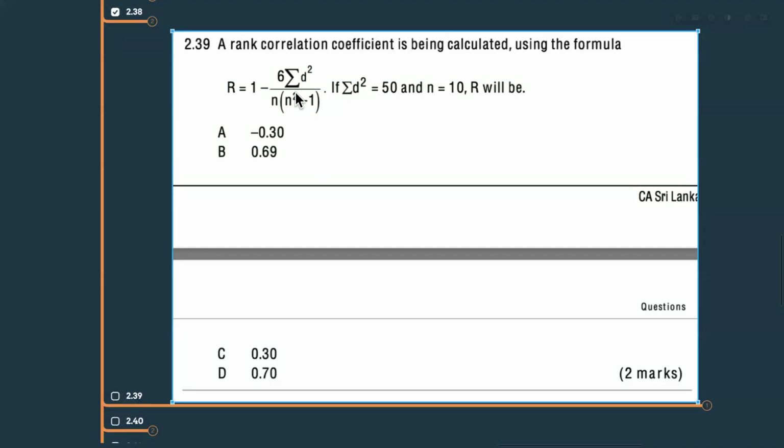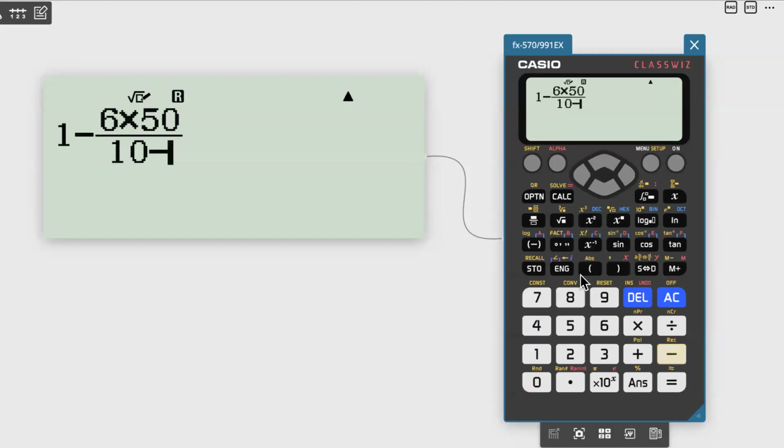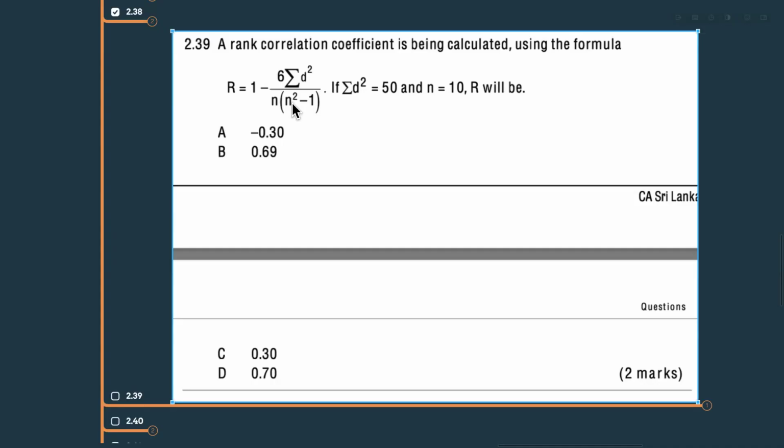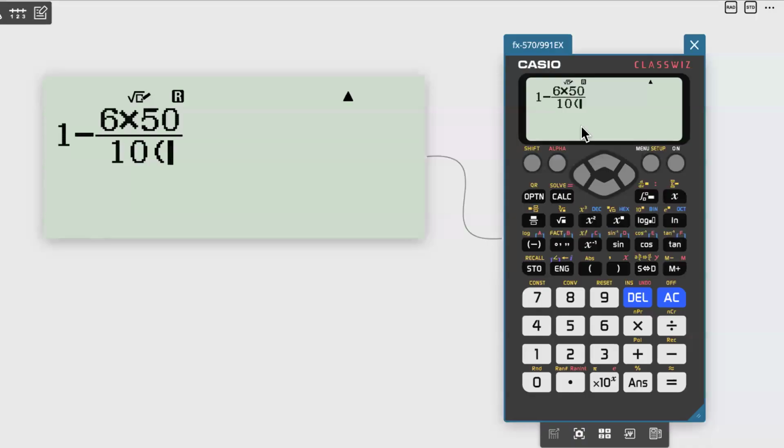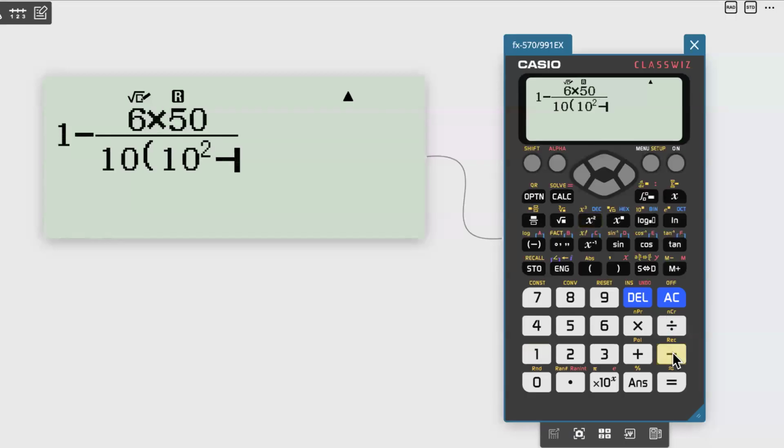Then in the bracket, n squared minus 1: 10 squared, take away 1. Then close the bracket and press enter.